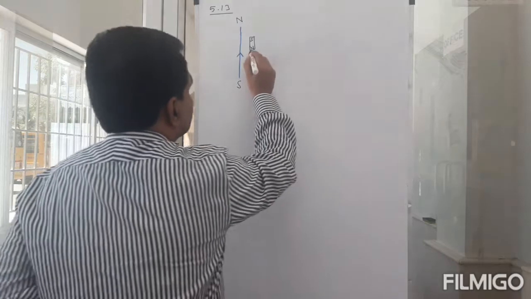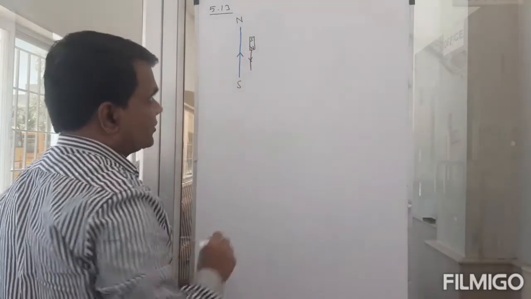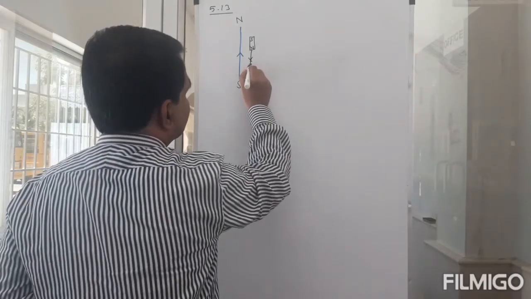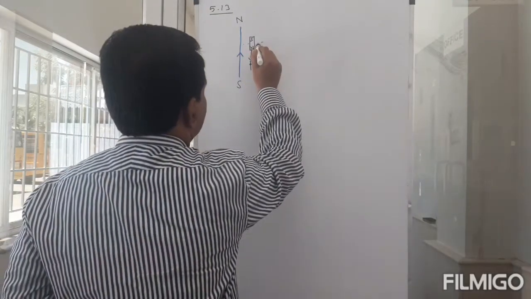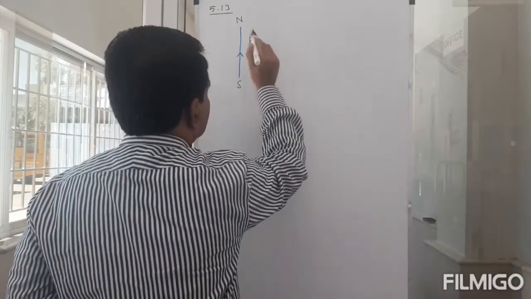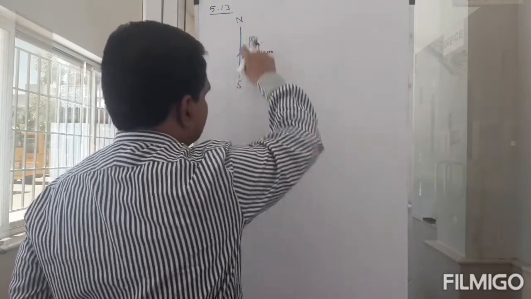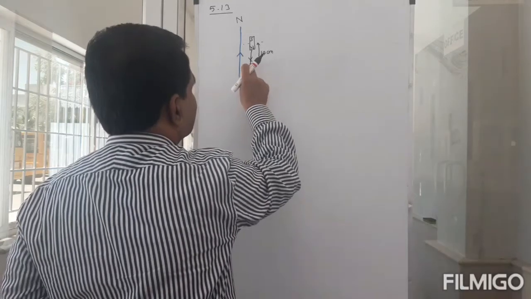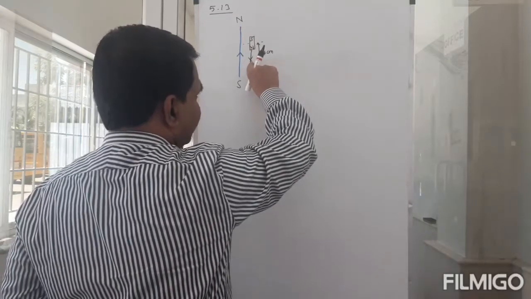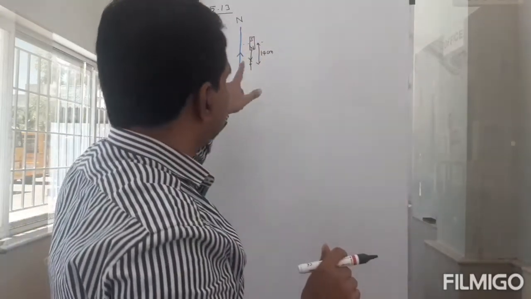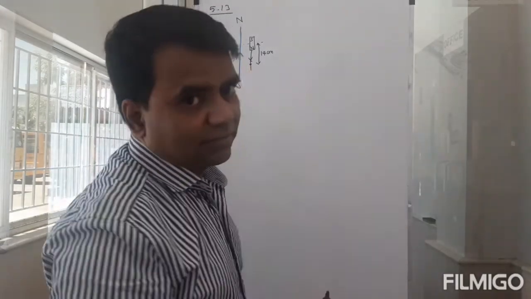In that case, the magnetic field due to my magnet will be in this direction. So at some point, which is given to be 14 centimeters from the center, along the axial line, the value of my field is equal to the value of the earth field. So then it cancels, and I get the null point here.